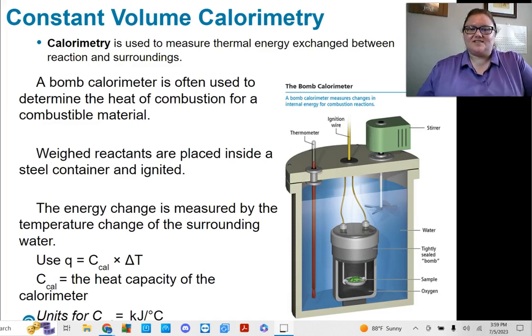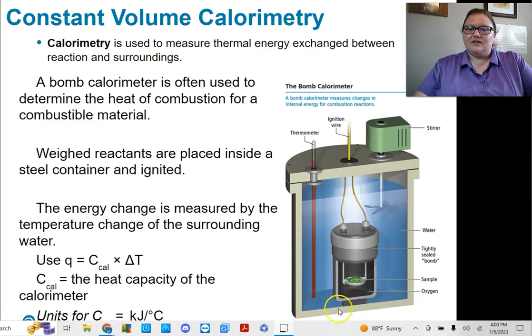So going back to this slide, we see an image of the bomb calorimeter and how it's that metallic insulated combustion chamber. And here it says weighted reactants are placed inside the steel container, but we're tracking the temperature change of this surrounding water.